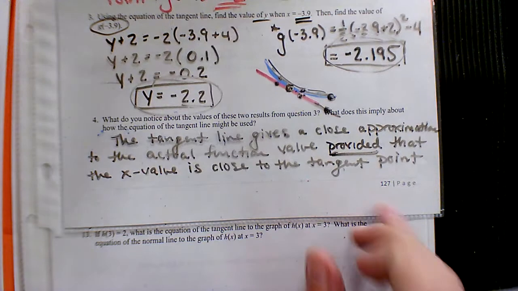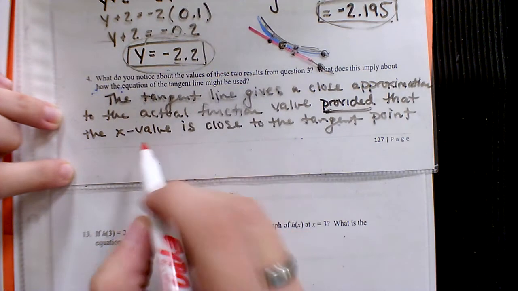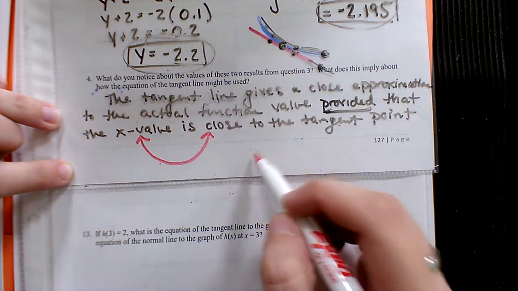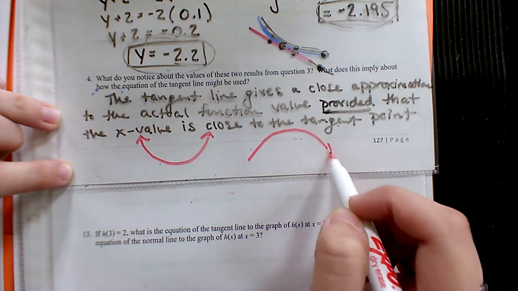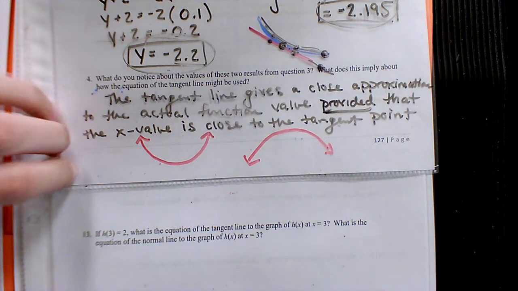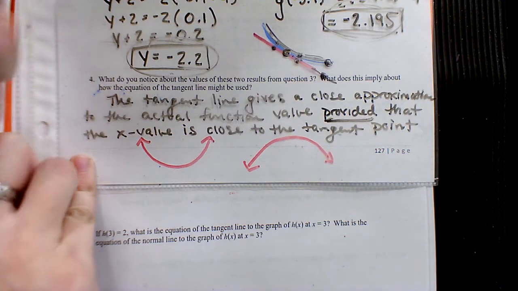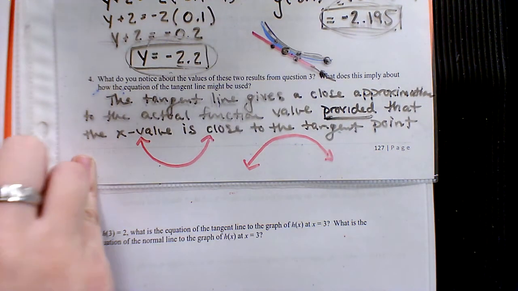I need you guys to write this down if you have space down here. What we're going to do is think about the shape of the graph when we draw a tangent line. Because we've seen different parabolas, different curvatures going on. We're definitely going to get into this later this year.